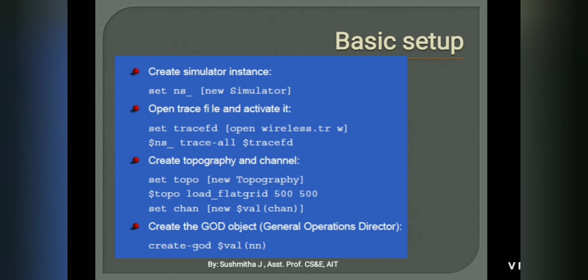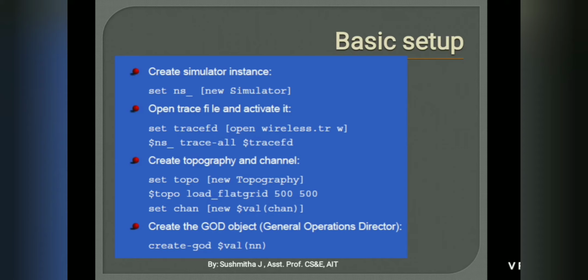The next thing that we have is the basic setup, all these things that we were doing: the creation of your simulator instance and the trace file. The two new add-ons to this are your topography and GOD object. Now, what is a topography?